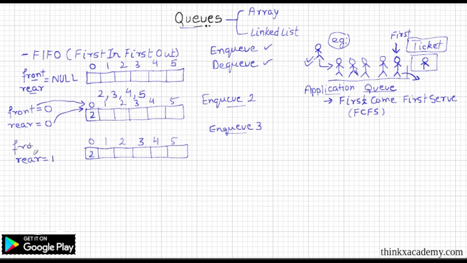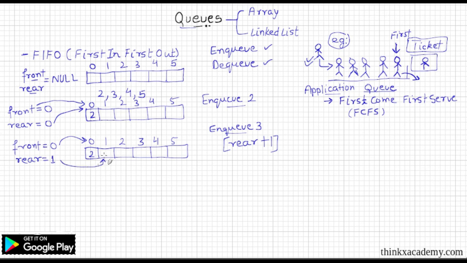One important thing to note in the NQ operation is that we are going to increment the rear position by 1. So I'm writing here rear plus 1. In case of insertion, we will just increment the value of rear. So front will point to 0 while rear is going to point to 1.